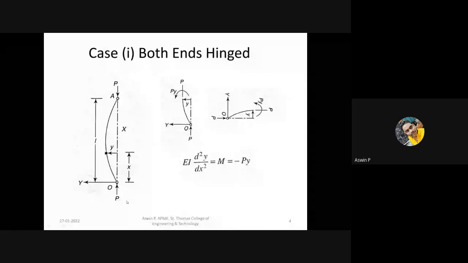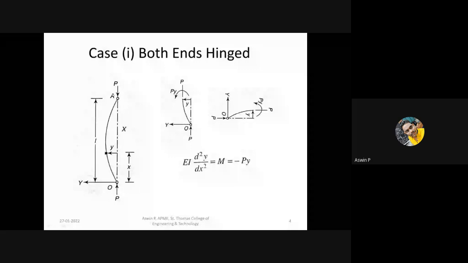Here you can see O is here and this is A. Actually, I misunderstood the words. This will be A and this will be B. Sorry, one minute. There's a mistake. This is B actually, and this is A.